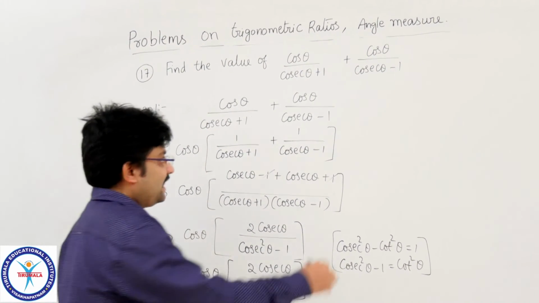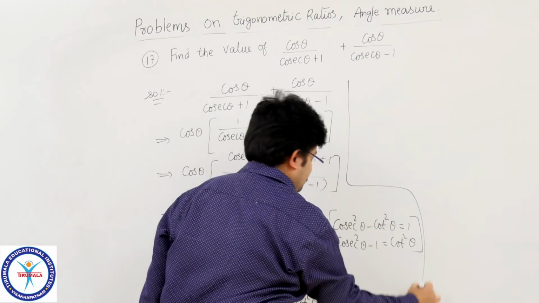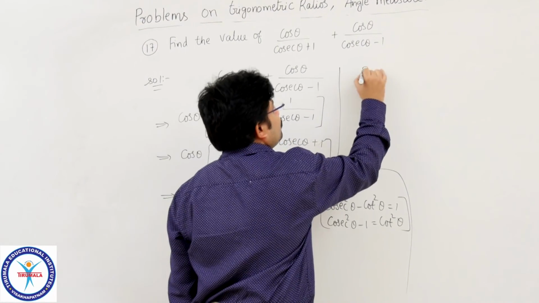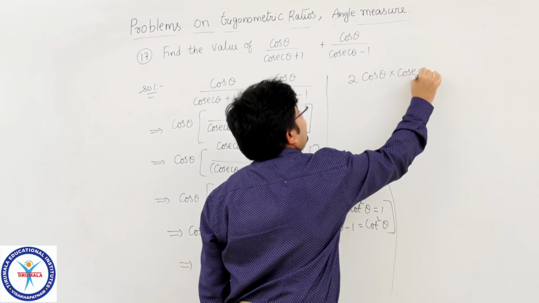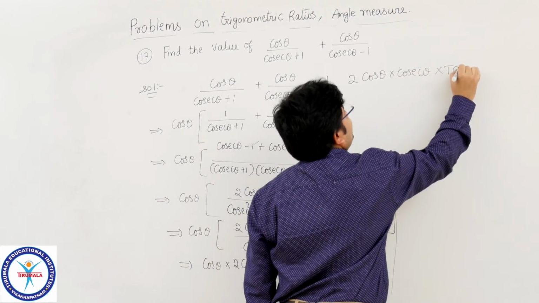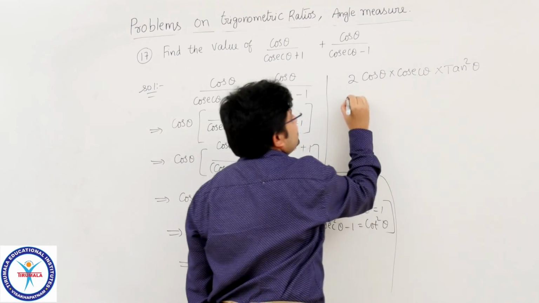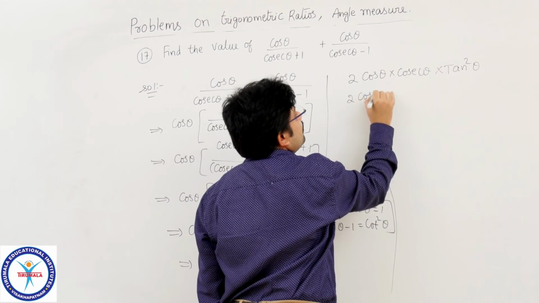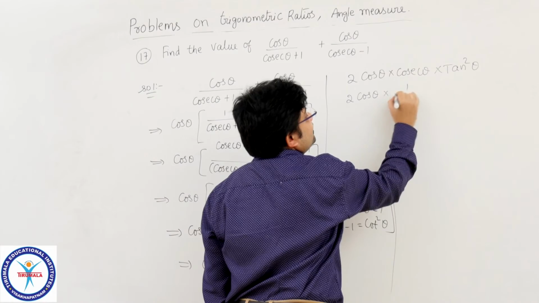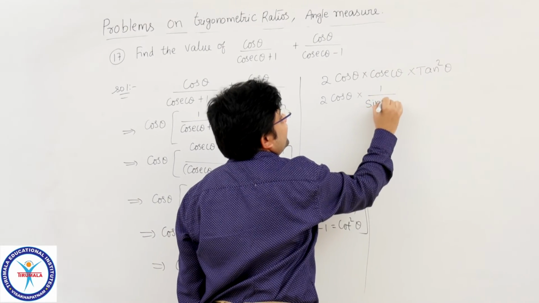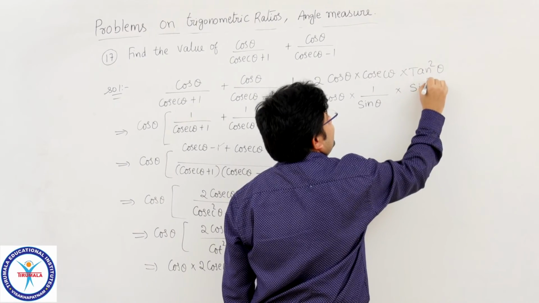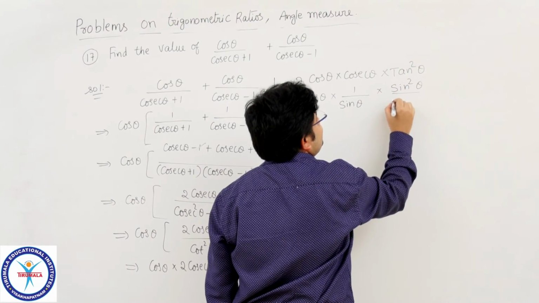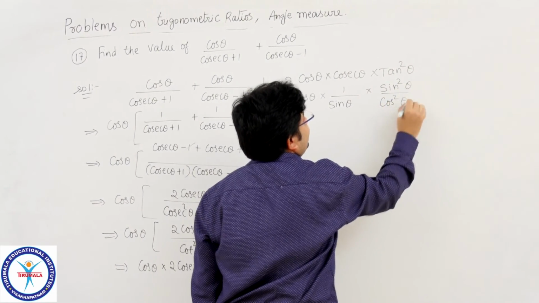So, it can be written as 2 cos theta into cosecant theta into tan square theta, that is 2 cos theta. Cosecant theta is nothing but the reciprocal of sin theta. Tan can be written as sin by cos, that is sin square theta by cos square theta.